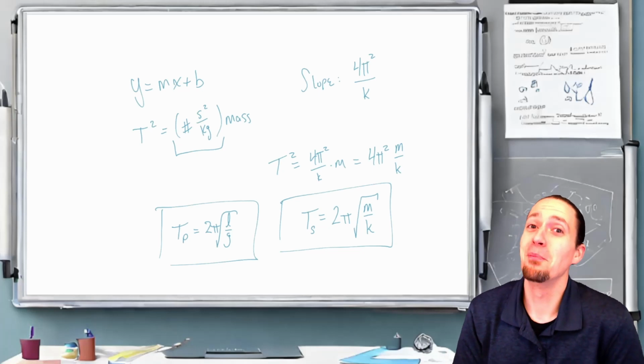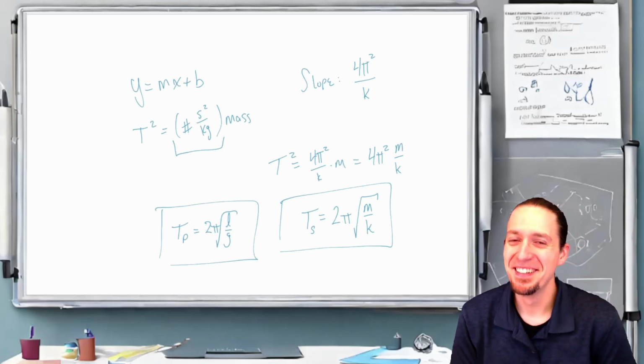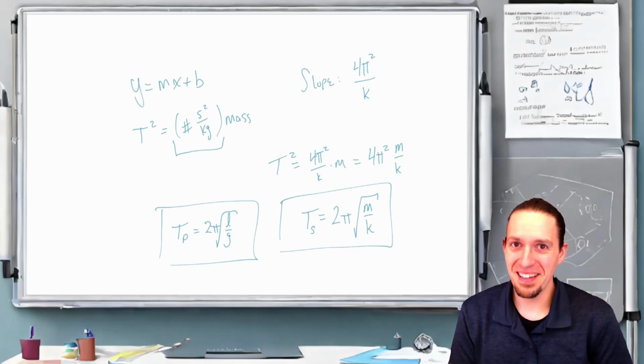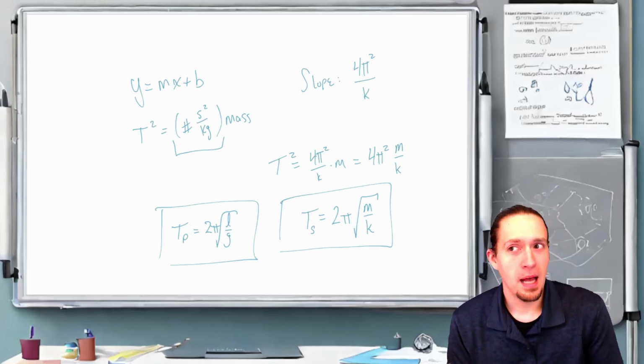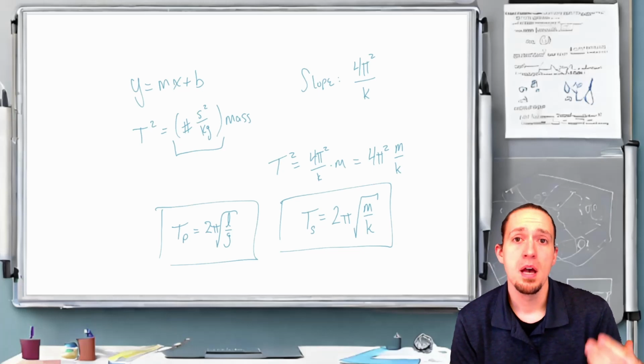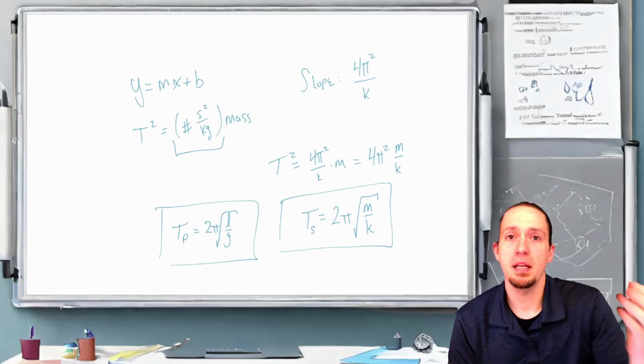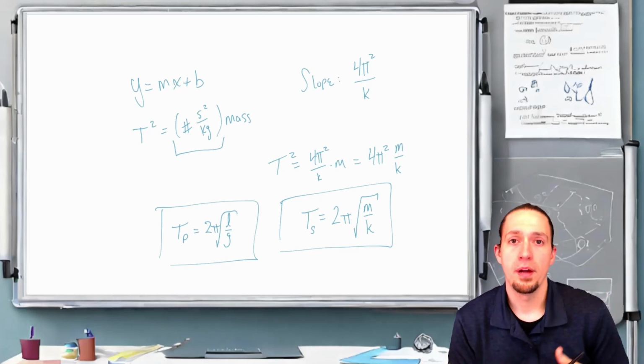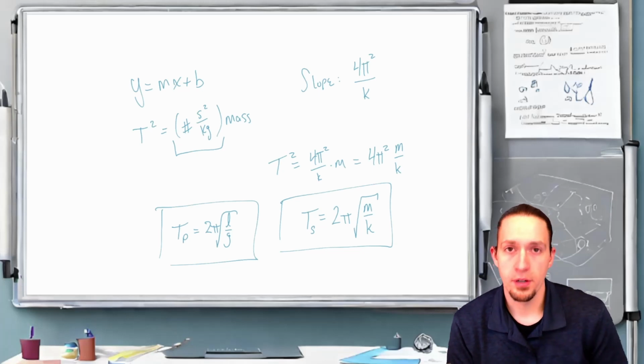More like too many pies. Or how many radians there are in a circle. Yeah, that 2 pi is there because there's a cyclic nature to all this, the fact that these things are repeating their cycle over and over again.